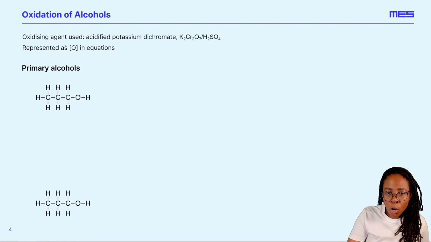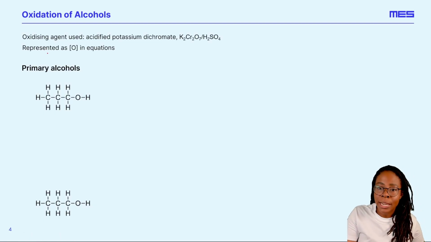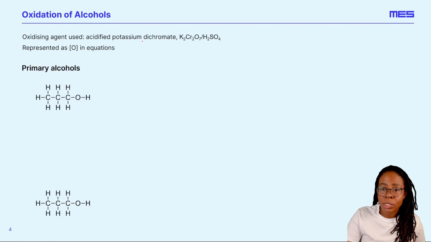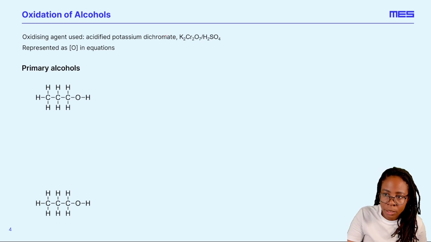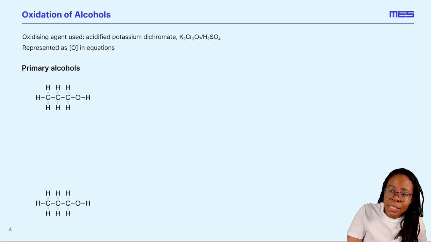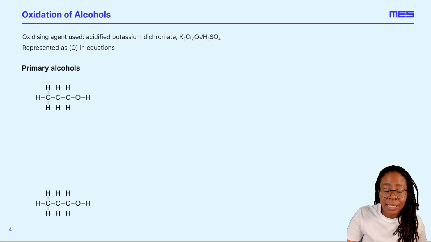Now, when it comes to oxidizing alcohols, we need an oxidizing agent, and the most common oxidizing agent that you will see used is acidified potassium dichromate, which if we write that out as the formulae, that's our potassium dichromate, K2Cr2O7, and then acidified means that we've added acid, and the acid that we would typically use is sulfuric acid.